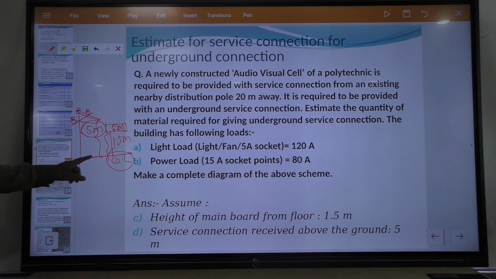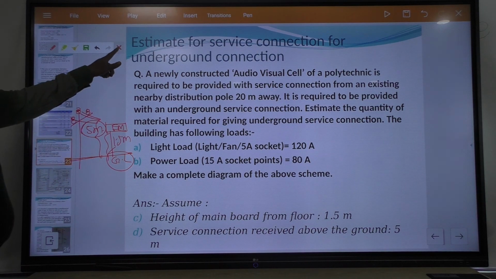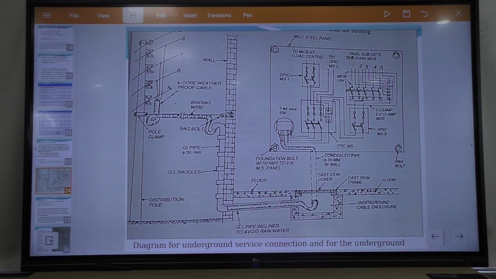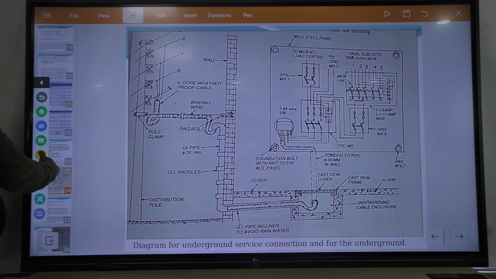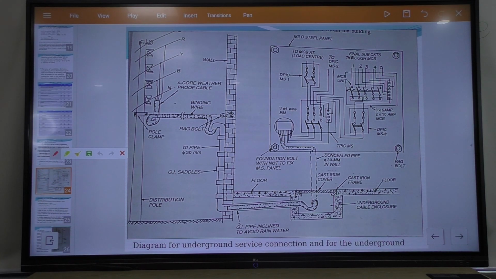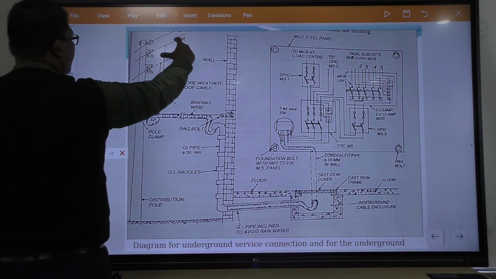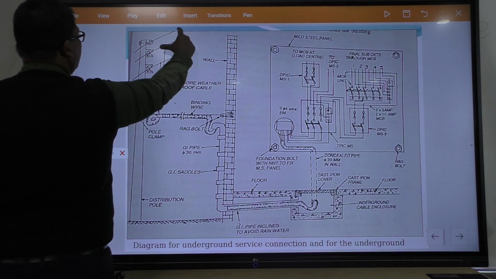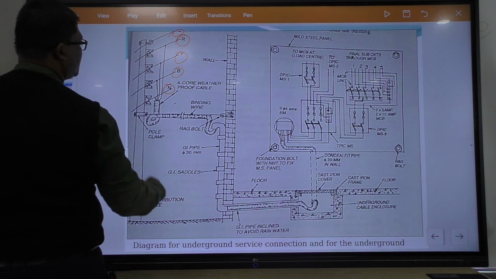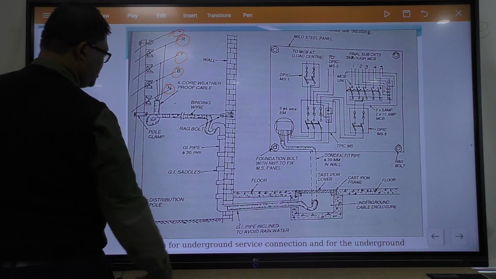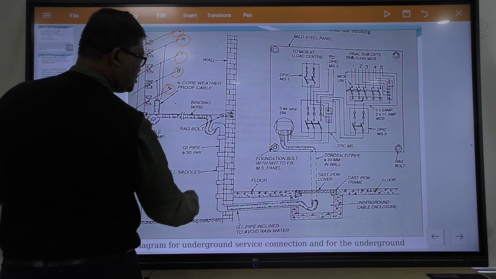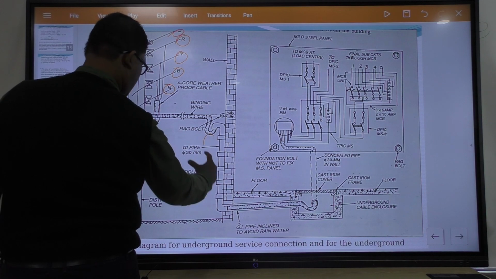So this is the arrangement. Here the three phase supply R, Y, B and the earth. This is neutral. This distance is 5 meter.